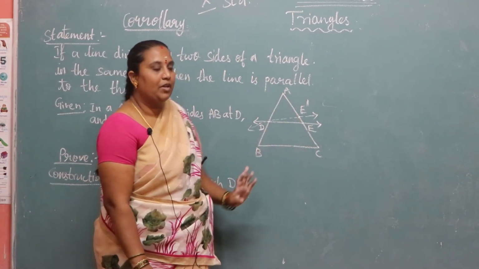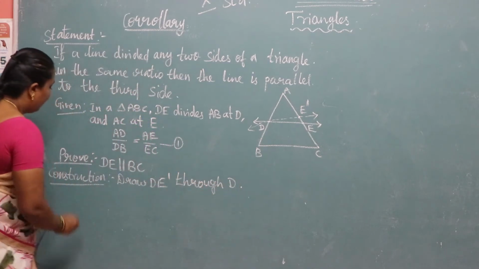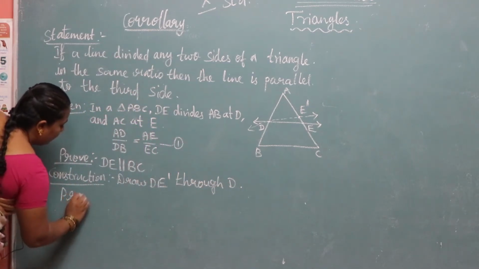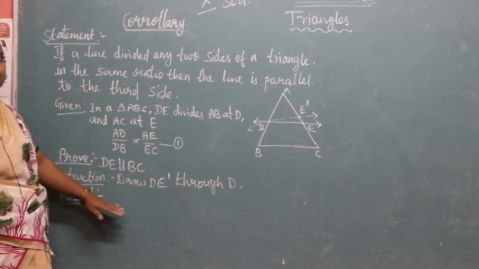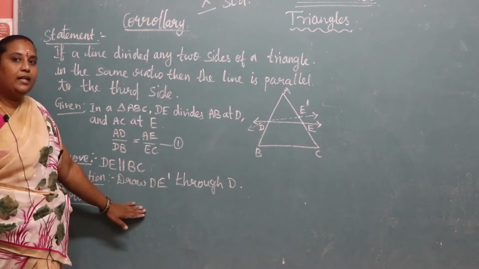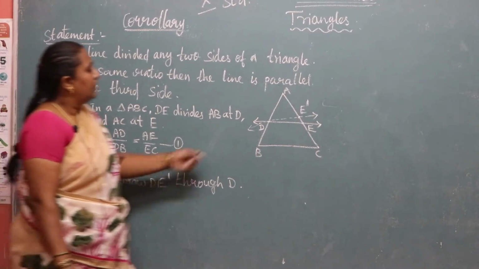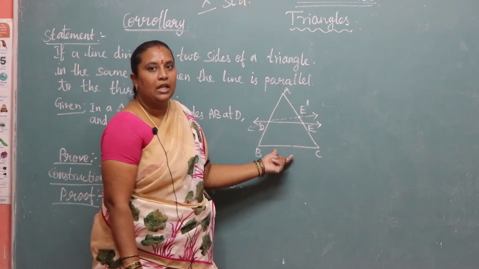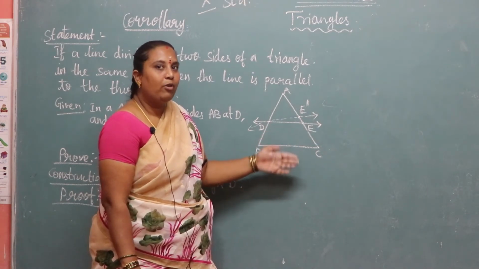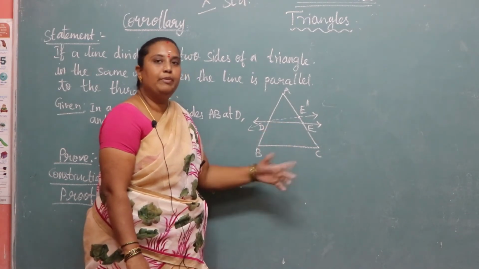Okay, then proof. So here we want to prove DE is parallel to BC. How to prove? We are taking DE is not parallel to BC, and by that we want to prove this is parallel to BC.